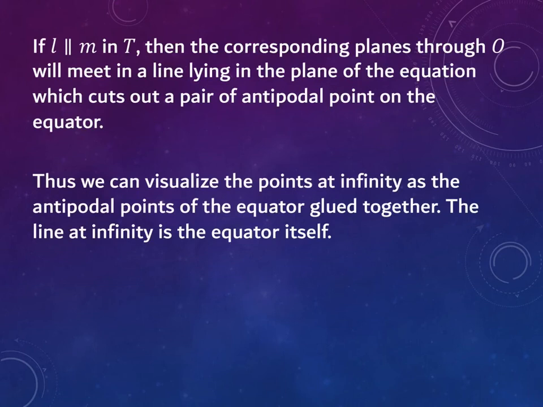Thus, we can visualize the points at infinity as the antipodal points of the equator sort of glued together. The line at infinity is the equator itself. So I'm going to do my best to draw a picture of this while you guys are writing that down.